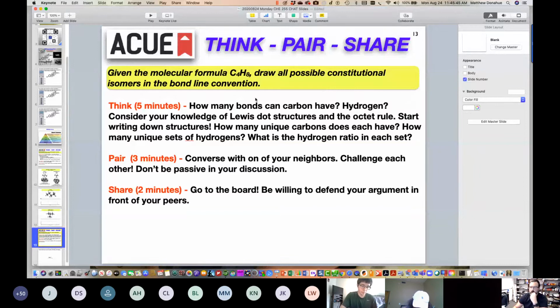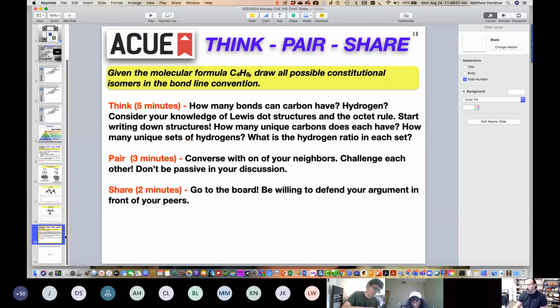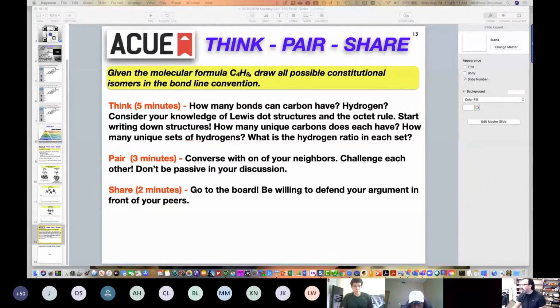As you're doing it, try to answer the following questions. How many unique carbons does each isomer have? How many unique sets of hydrogens? What are the ratios? So spend some time after this chat doing that. But what I'd like to do now is move on to the workbook and do some problems in there.